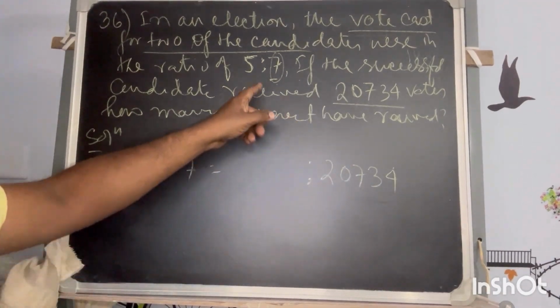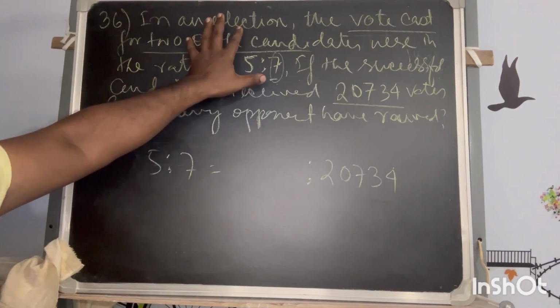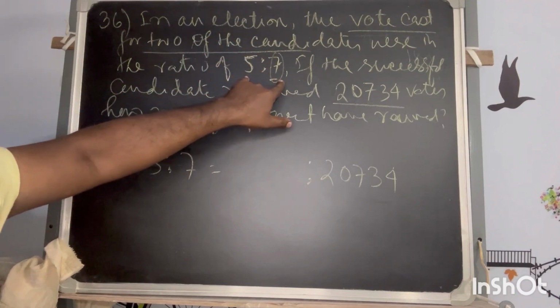So this 5:7 means the vote numbers are in the ratio of this.